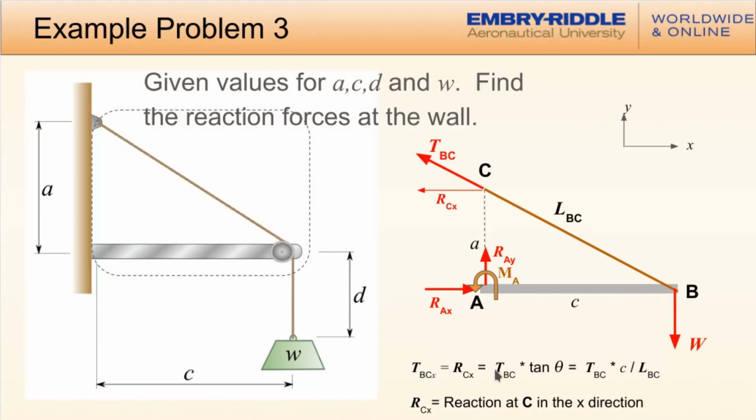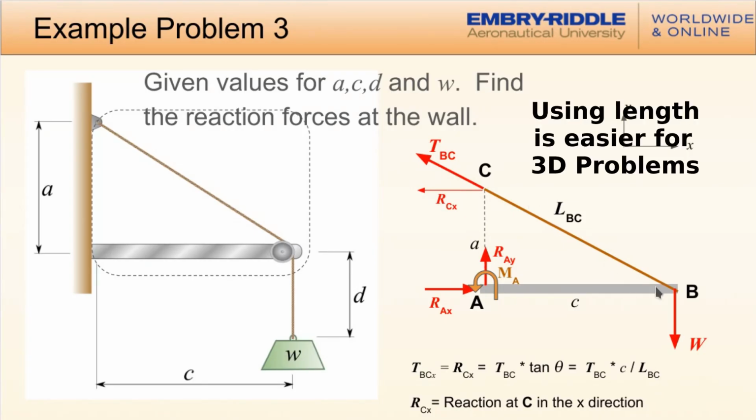And we know it's the tension in BC times tangent of theta if we use theta, and we know it's the tension in BC times C divided by LBC if we used the length. I find using the length is easier, but a lot of people like to use the angle.